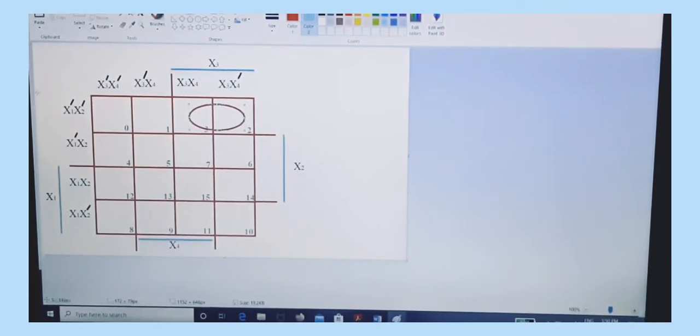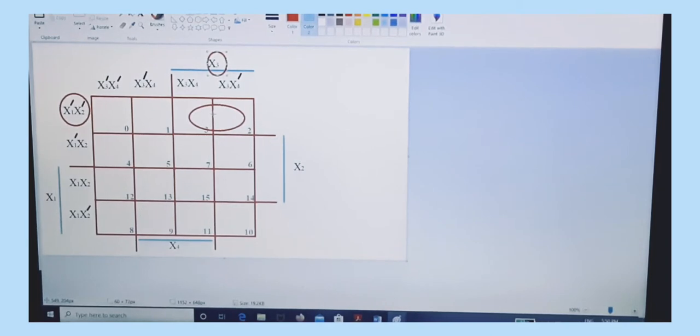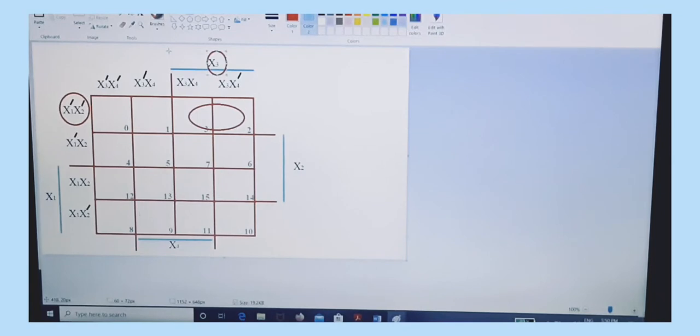See, this is in the row x1 dash, x2 dash. Okay, but two ones are not present here, and therefore only these two, and this is covered by this variable x3. So it is the intersection of these two. Therefore, the expression here is x1 dash, x2 dash, x3. So in this way, we can combine this.